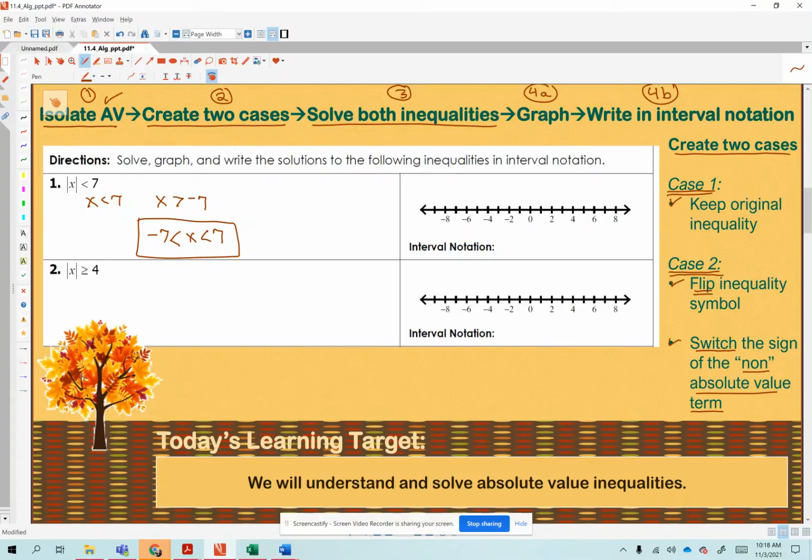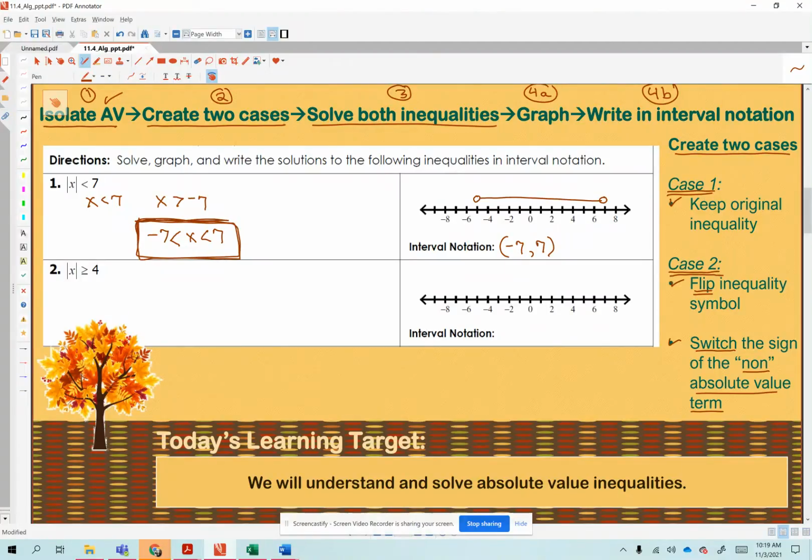We have an open dot on -7 and on 7, and this is a less than inequality. It's of the "and" type, so we just simply connect those. We will have parentheses to represent the open dot, and our interval notation is (-7, 7), and we are finished, and this is our final answer.